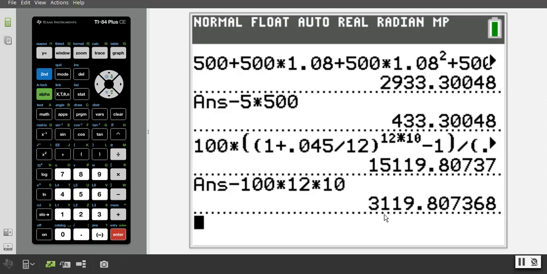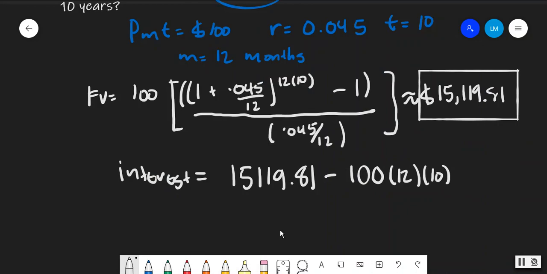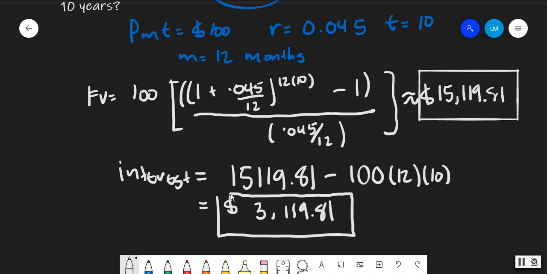Okay, so 3,119 and 81 cents. So this is the amount of interest that was earned over a 10-year period. It's not really that much when you think about it, but really, it's good, because it's money that you're not going to owe, essentially.